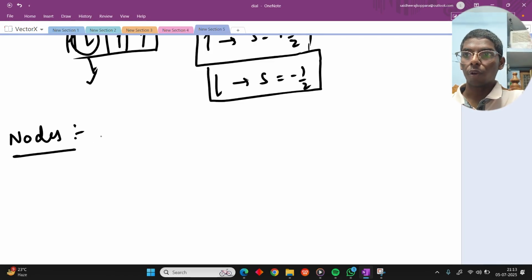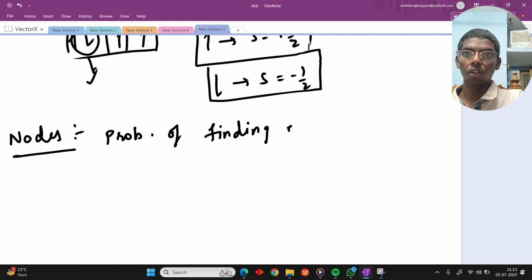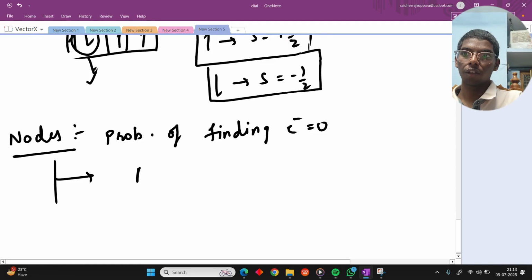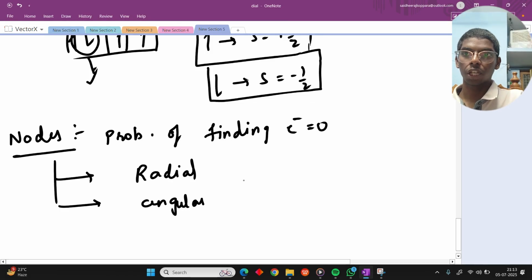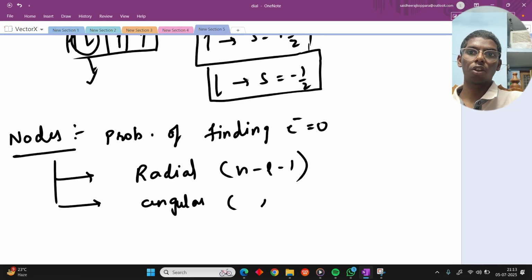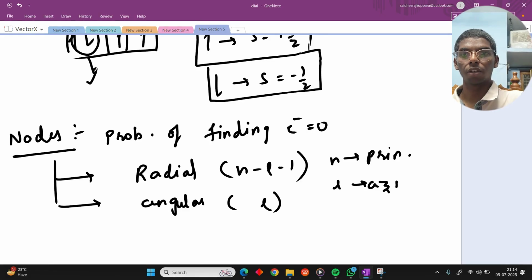There are two types of nodes: one is the radial node, another one is the angular node. The radial node is given by the formula n minus l minus 1, and the angular node is given by the formula l, where n is the principal quantum number and l is the azimuthal quantum number.